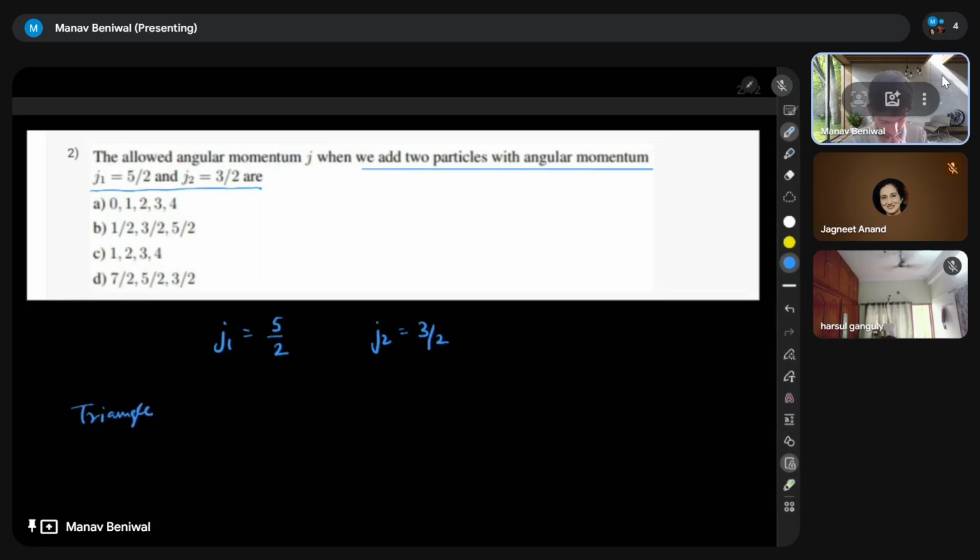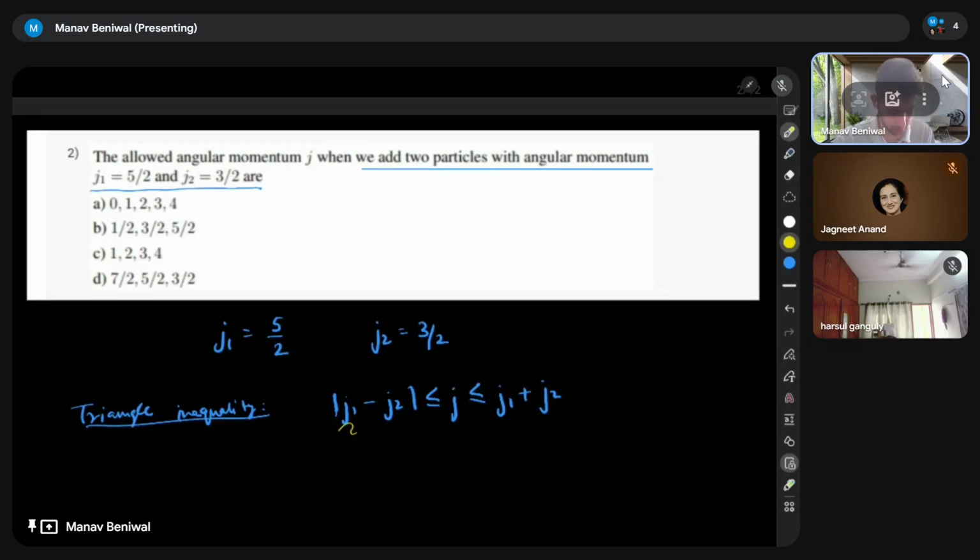Triangle inequality, which is mod of J1 minus J2 should be less than or equal to J, which should be less than or equal to J1 plus J2.